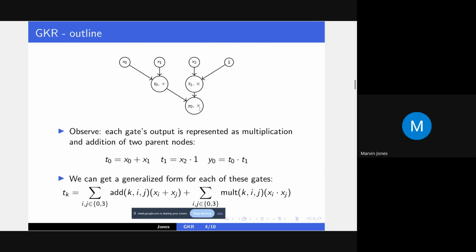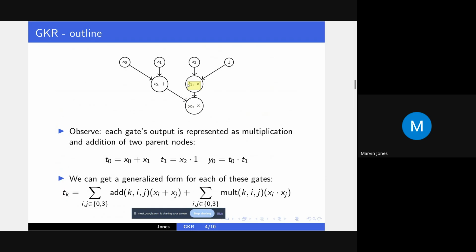So GKR goes, okay, I've proven this using the sumcheck protocol. That's good. Now we need to go up the next layer, and I'm going to need a value from the prover, because I don't have enough information to prove this portion myself.